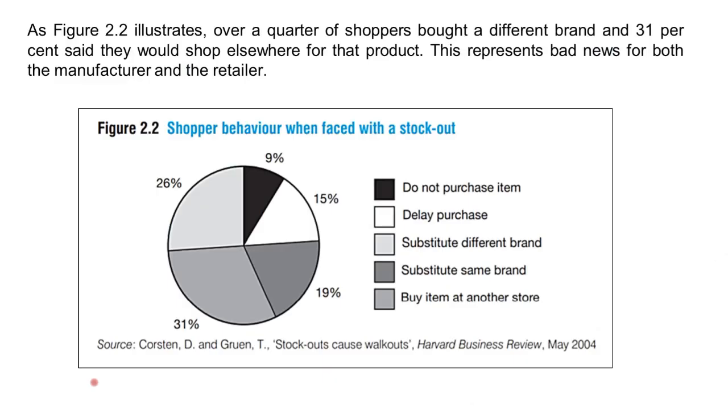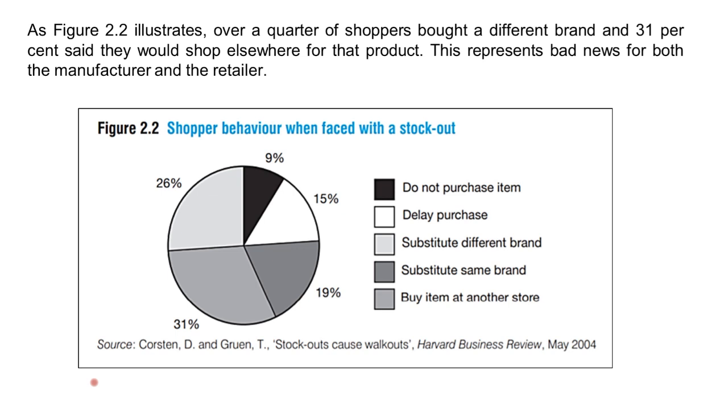So, it says here that there is an illustration na tungkol sa mga shoppers. Over a quarter of shoppers bought a different brand and 31% said that they would shop elsewhere for that product. So, this represents bad news for both the manufacturer and retailer.